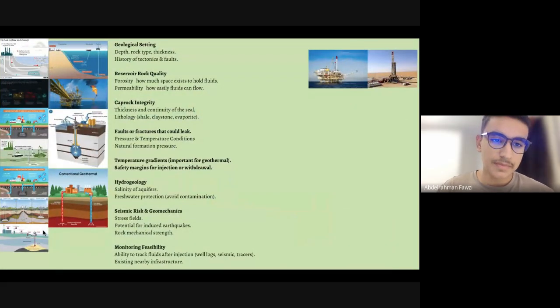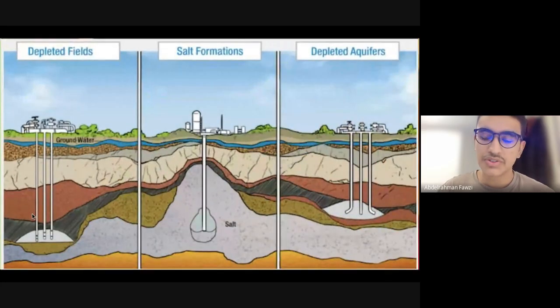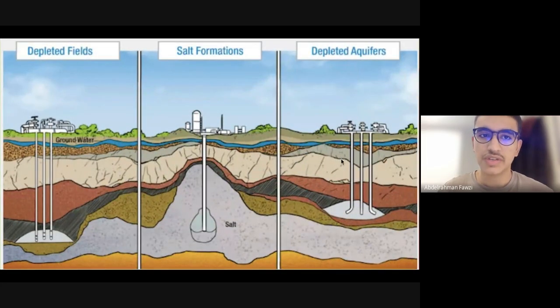And again, there is some illustration as well that tells you where we can store the CO2. For example, in abandoned fields that had hydrocarbons, we got them out, and then we are pumping what? CO2. That works very well.